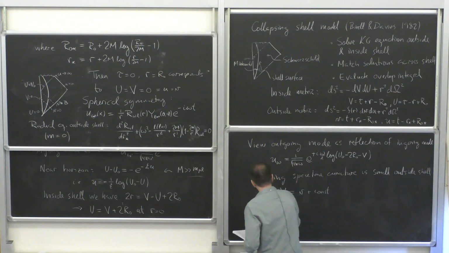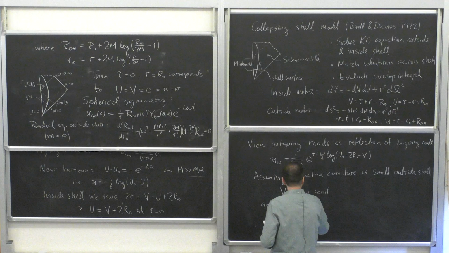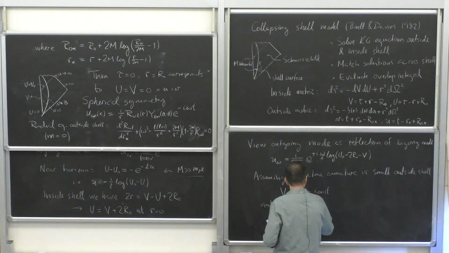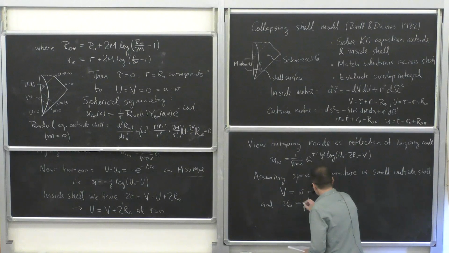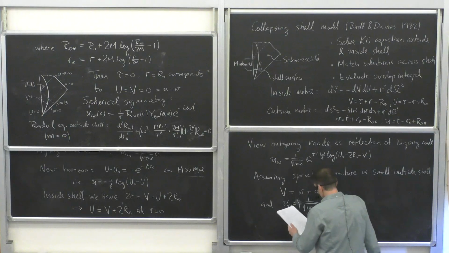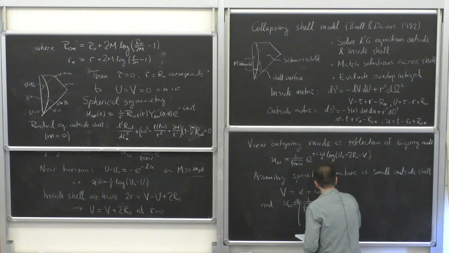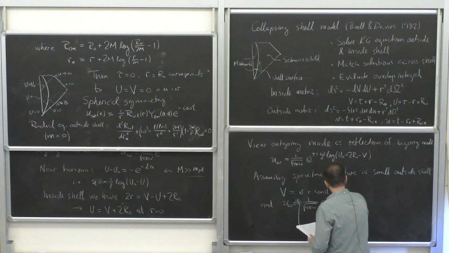And this function, u omega, sorry, so I have to specify now. It's going to be this function here, e to the plus i omega over c log.